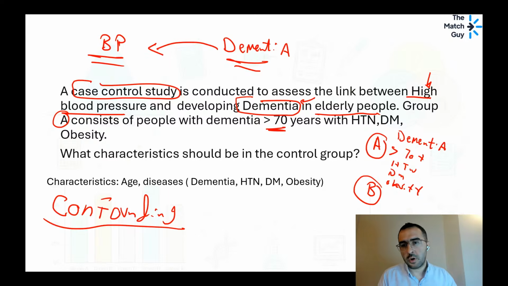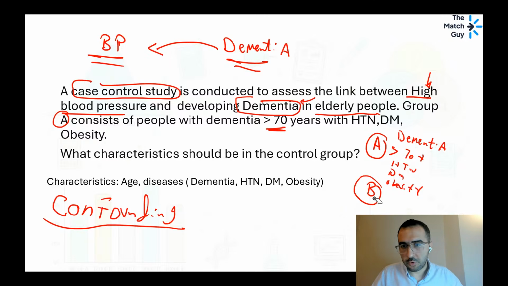Now there is no matching between the two groups. Maybe diabetes can cause dementia, right? Maybe obesity can cause dementia. So if you get any result, it could be subject to bias because you didn't control for other risk factors. In order to eliminate this confounding bias, I'm going to match both groups.